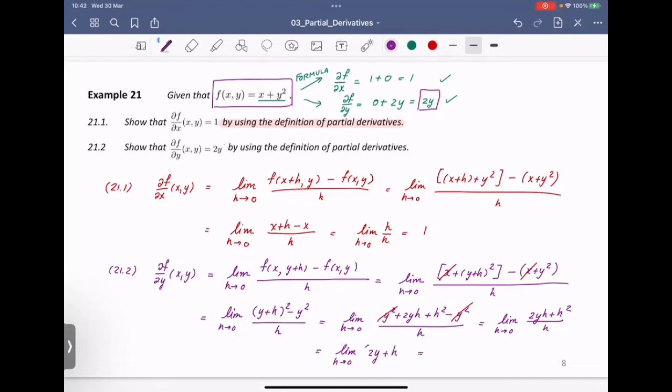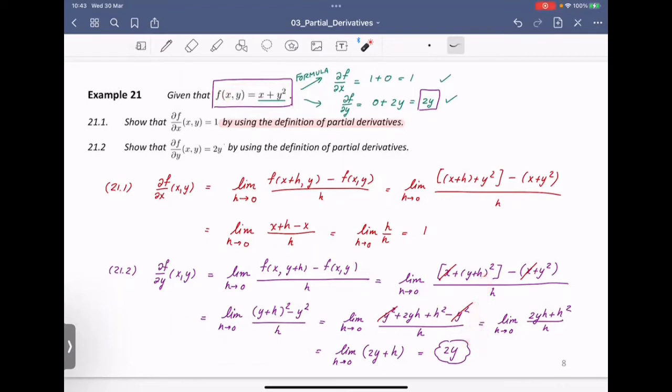Well, once you plug in 0, the answer is 2y. Okay, this is how you use the definition. You can see that even for an easy function, this is not a hard function, this is an easy function, you still take 2 or 3 lines to do it.